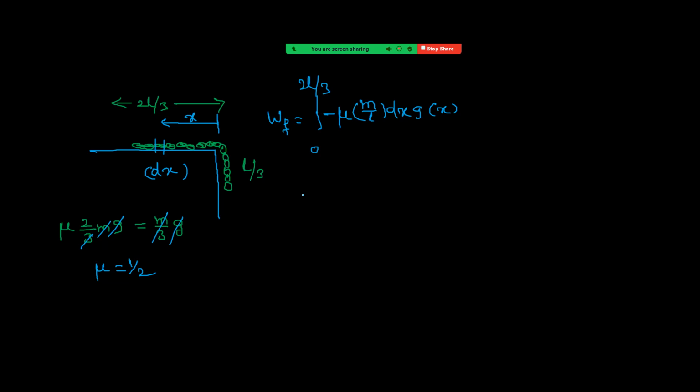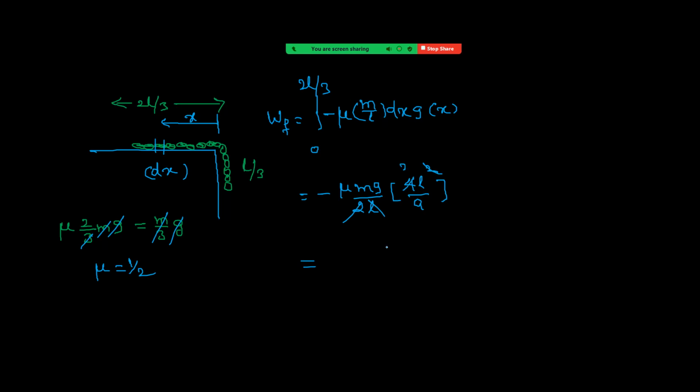So this is what we have done in that question, while discussing an HC Verma problem. Exactly the same thing. Minus, take constants outside, mu mg upon L, remaining x dx. It becomes x square by 2, with x square as 4L square by 9. Now see the cancellation of L and 2.